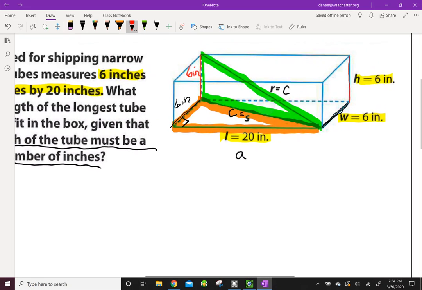So now I've got these two right triangles. And using the Pythagorean theorem, which tells us that a squared plus b squared, the sum of the squares of the legs, is equal to the square of the hypotenuse, the long side. And we said that a was 20 and b was 6. So we're going to square both of those values, and that's going to equal c squared.